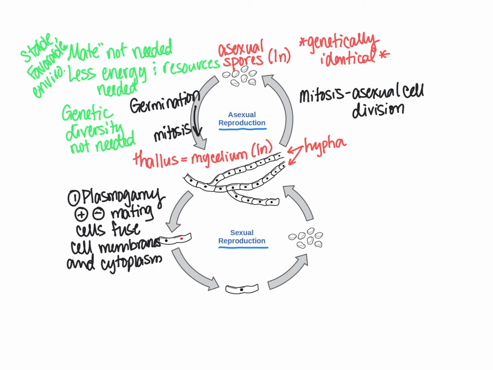And what you end up forming is a dikaryon, which we can also represent as N plus N. And this is also referred to as a heterokaryotic cell.